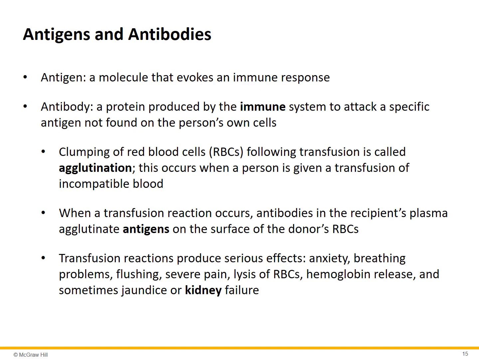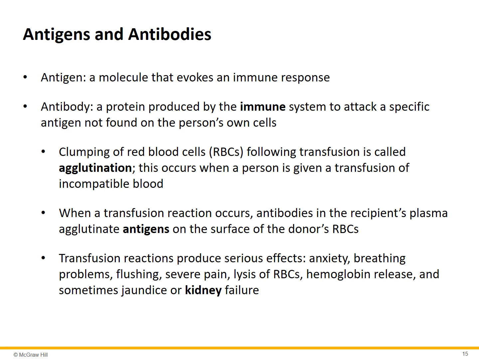All right, some important definitions. So an antigen is a unique marker that's found on the surface of your cells, right? You have self-antigens that should not cause an immune response, but if your body comes in contact with a foreign antigen, then this will invoke an immune response, right?